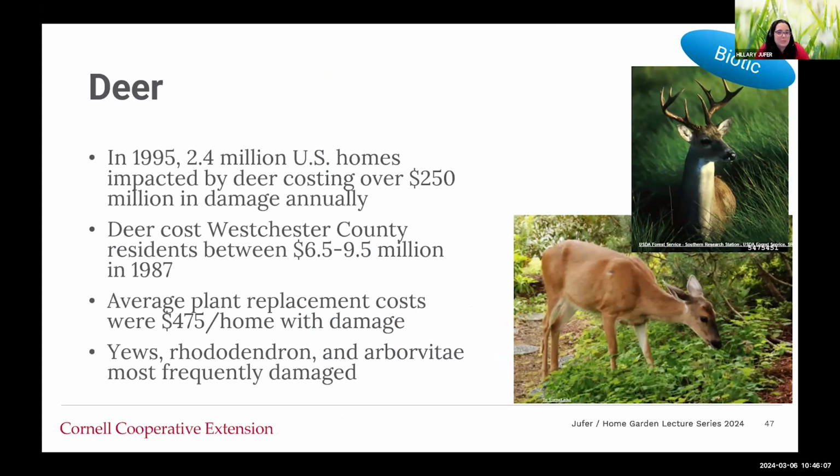So this is just some numbers from Dr. Paul Curtis at Cornell. They're rather old, but they get the job done. You can see what they're talking about. In 1995, 2.4 million US homes were impacted by deer, costing over $250 million in damages annually.